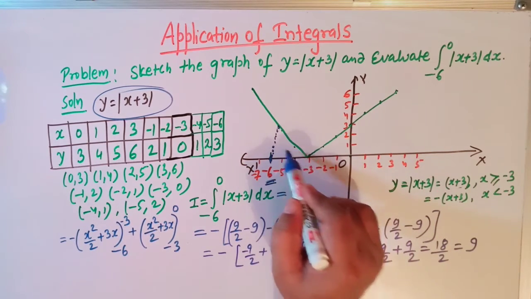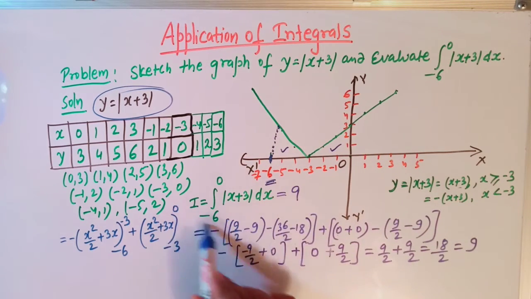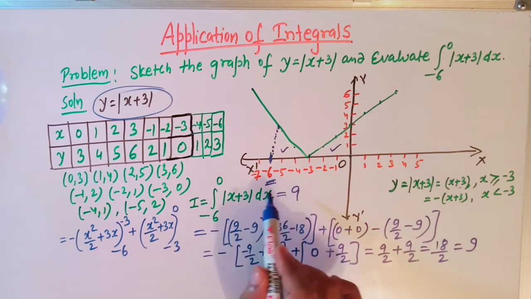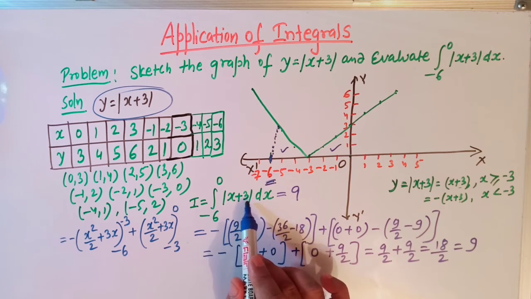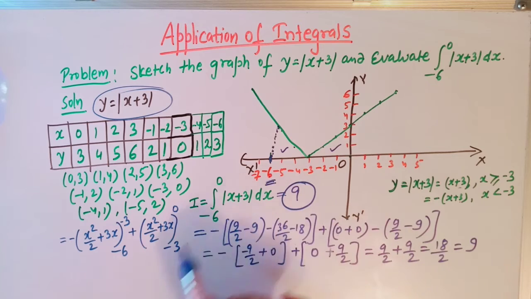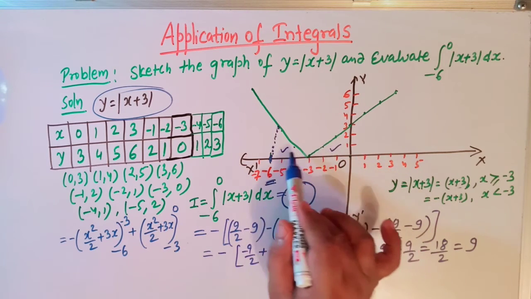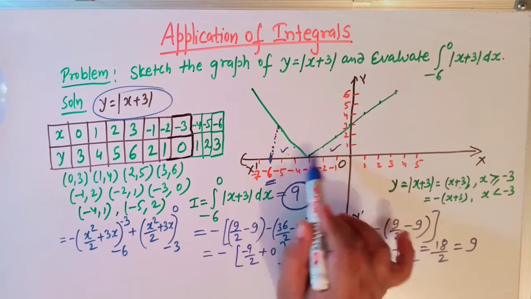Now here we have 2 triangles, right? And when we have evaluated the definite integral minus 6 to 0, we get the value as 9. And let us find the area of these 2 triangles, right?